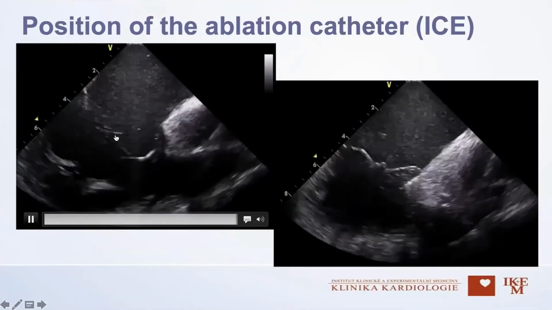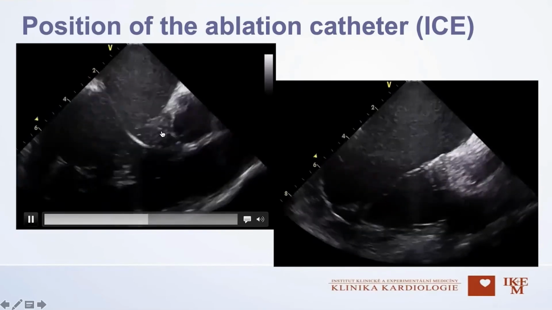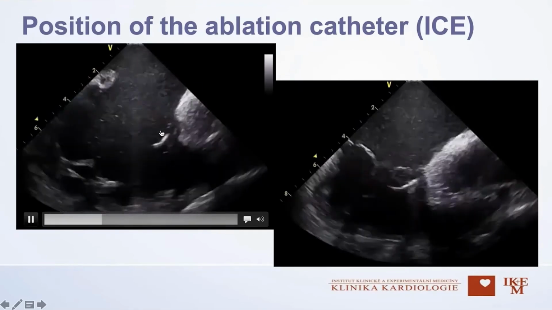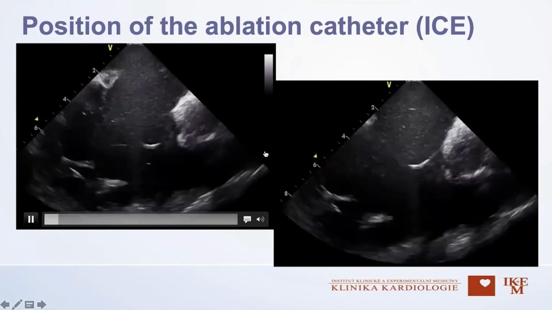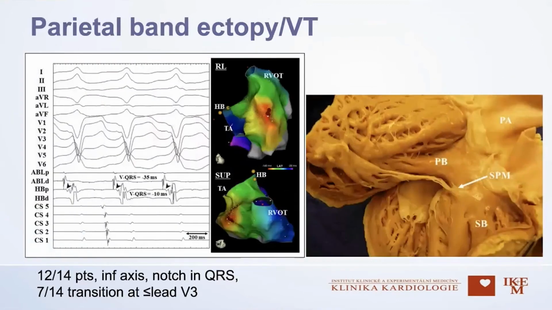You see here, we used Agilis to bend the catheter, hook it underneath the leaflet of the tricuspid valve, and to ablate in this area. And you see here, this is the structure, this muscle band, which is called parietal band. And this is typically close to the lower part of the outflow tract, very close to the tricuspid valve, sometimes very close to the valve, sometimes you have to ablate a little bit higher or more lateral.